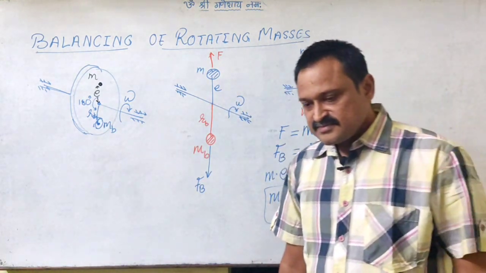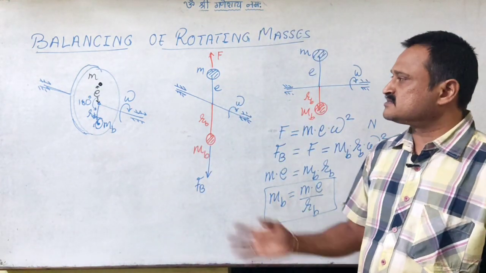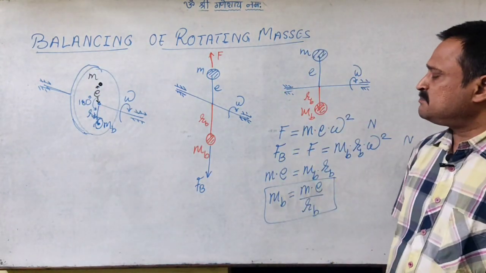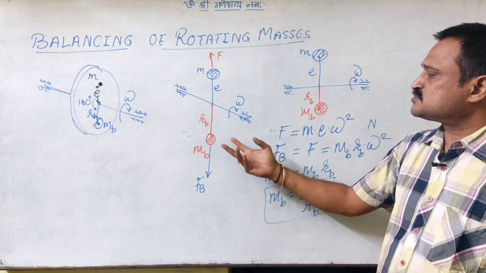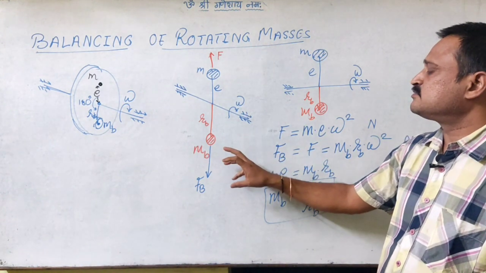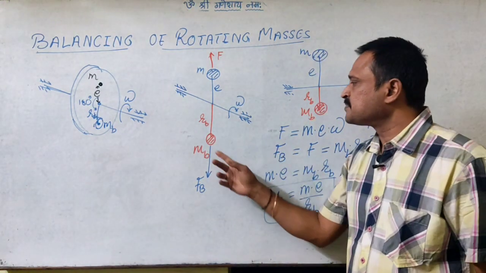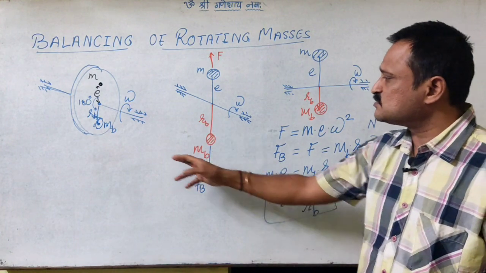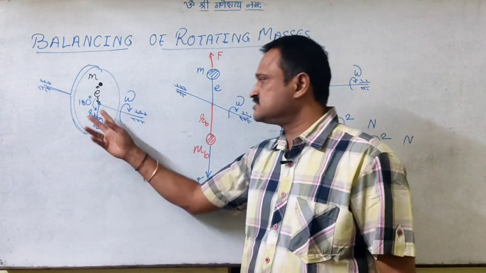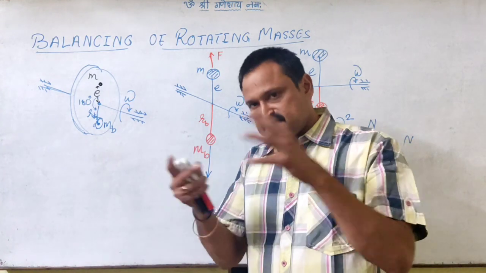Now maybe due to the restrictions or the physical constraints of the system, it's not possible for me to provide a single mass. You can see here in the relation, I can increase the radius so that I can reduce this mass, because when I am placing an extra mass on this system, I am increasing the bulk of that system.